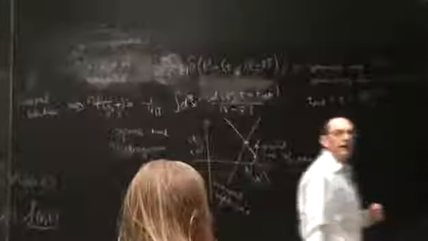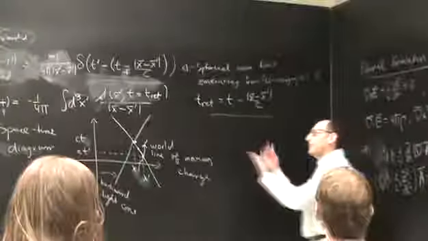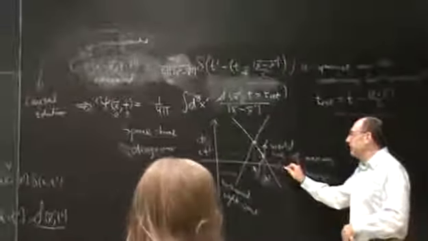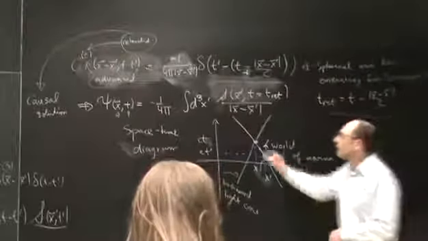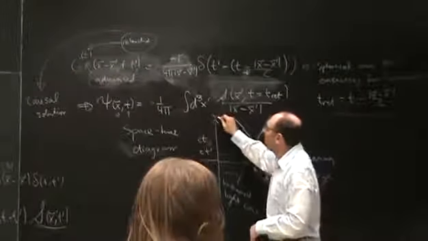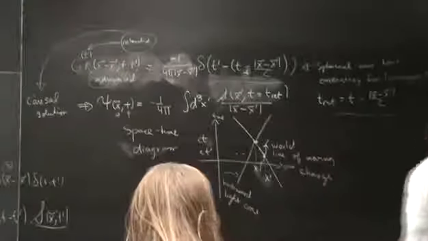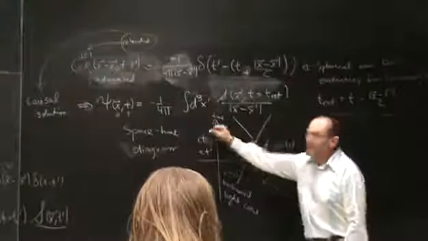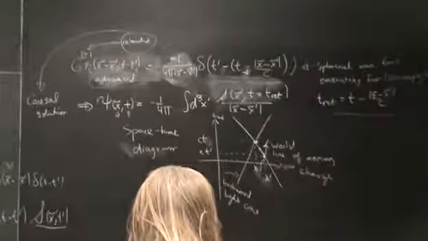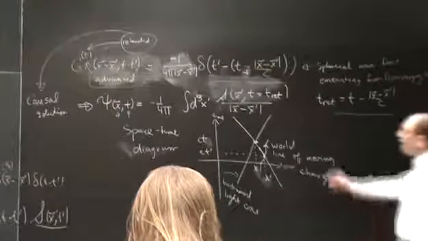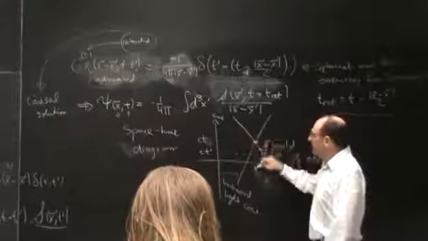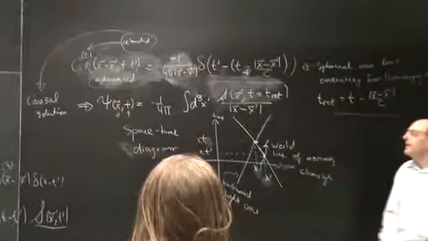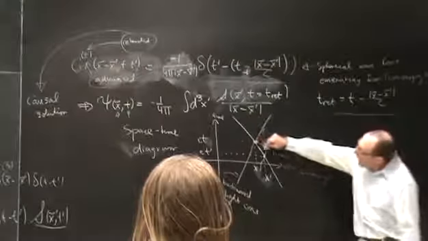So we can depict that on a space-time diagram where this axis is representing one coordinate of space, and this is time. And thinking about this is my position at the present, time t, and the signal that I see at my position at the present depends upon what the source was doing on my backward light cone.